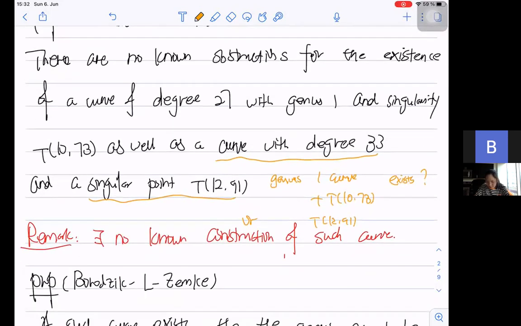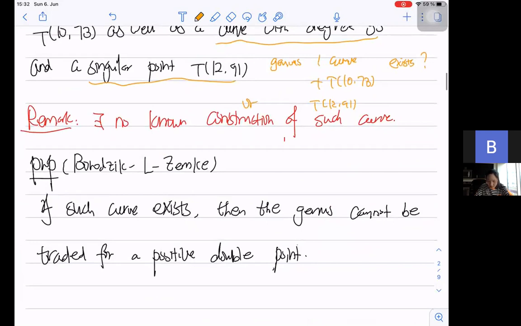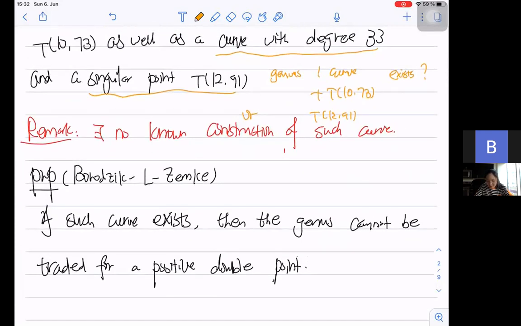However, if we use our obstructions for double points, either positive double points or negative double points, we can still say something. We say that if such a curve exists, then the genus cannot be traded for positive double points. The way we prove this is using the obstruction we provided in the previous notes, R_KD smaller than or equal to the big K. And we find there are some suitable values for the small k such that this inequality is not satisfied.